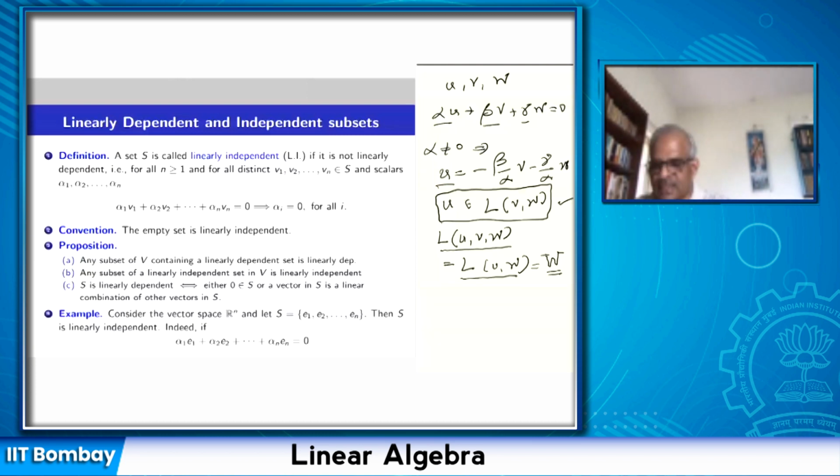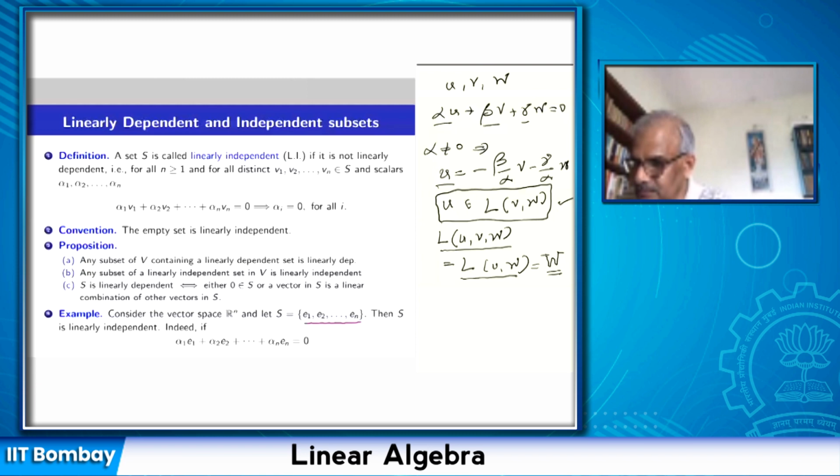Now let's consider the vector space R^n. If I take the standard basis column vectors, n of them, E1, E2, up to En, then S is linearly independent.